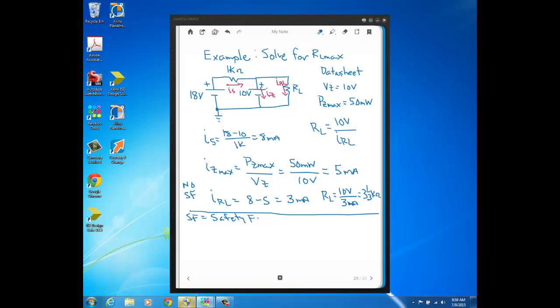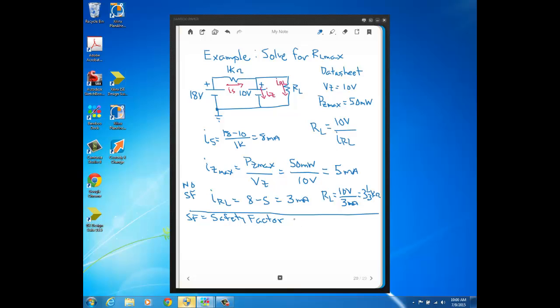What a safety factor is, is that it's not a good idea to operate a component right at its maximum capability. This RL max is based on using the PZ max value of 50 milliwatts, but in good designs, we never operate a component right to its maximum capability. We always put a buffer in, which is called a safety factor.